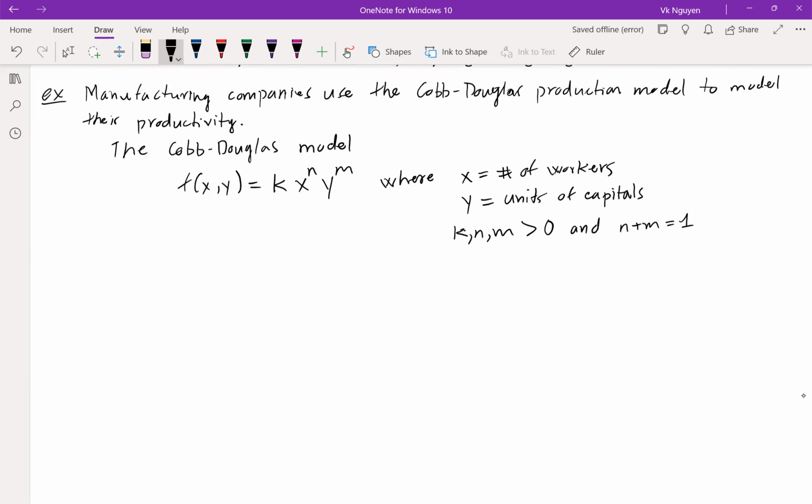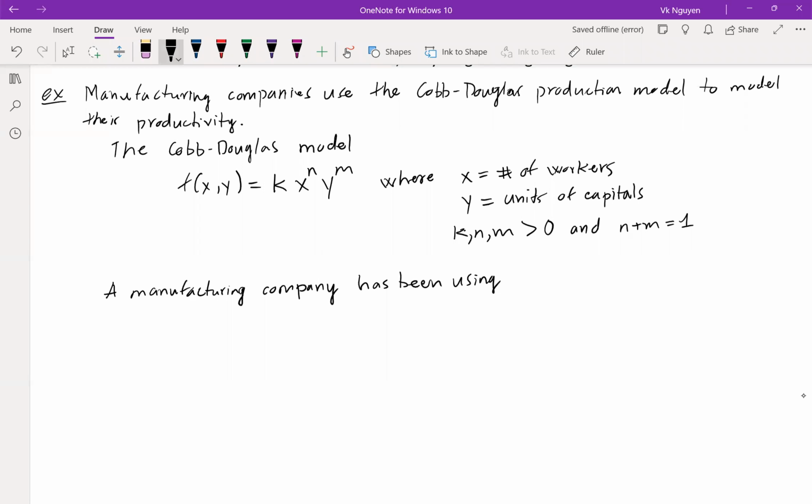A manufacturing company has modeled their productivity using this model.